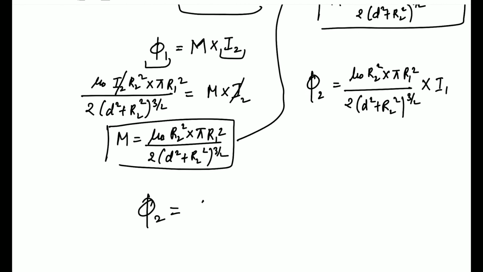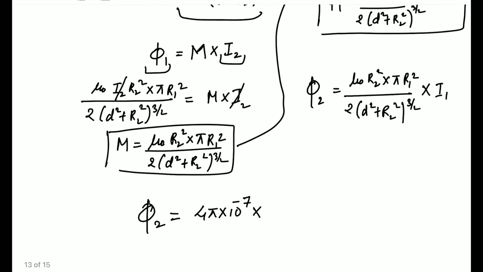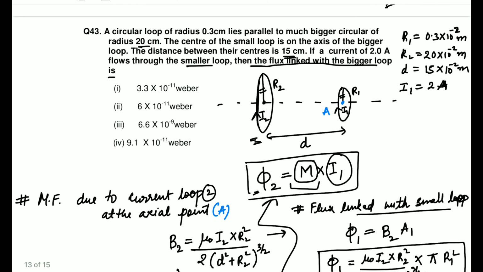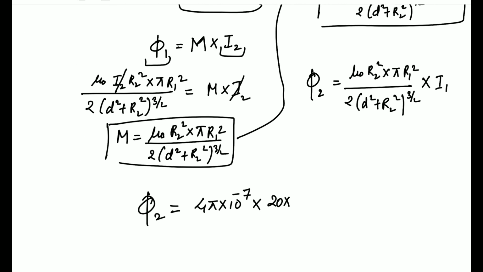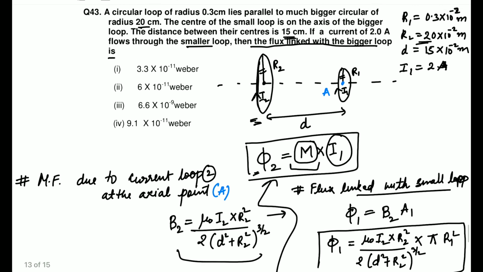Phi2 will be equal to mu naught, which is 4 pi into 10 to the power minus 7, multiplied by r2, which is given to you. You guys can see r2 is 20 into 10 to the power minus 2, right? So r2 is 20 into 10 to the power minus 2, whole squared, multiplied by pi, where pi is 3.14, multiplied by R1. What is R1?